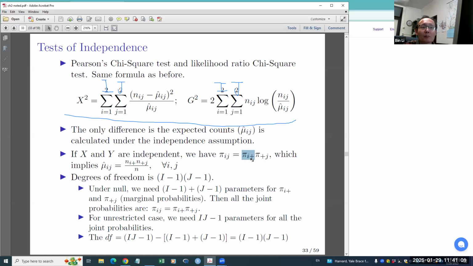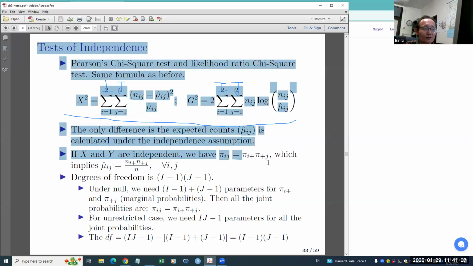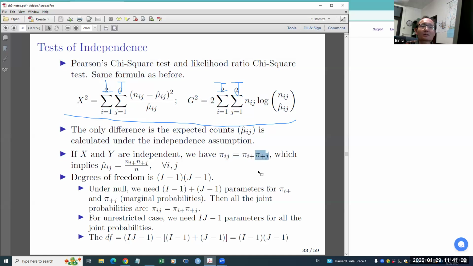So this is the marginal probability for the row, and this is the marginal probability for the columns. Based on the definition of independence, it implies the expected count for the ith row, jth column is what?